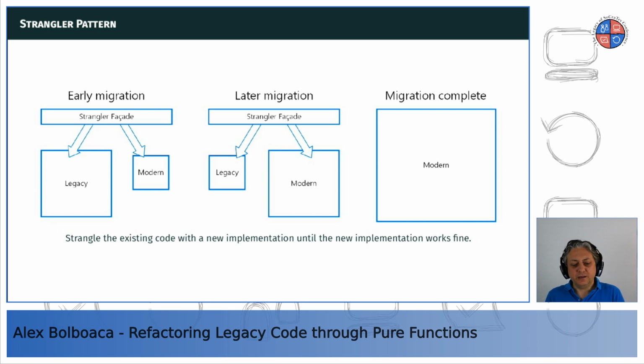A strangler pattern is a way of dealing with legacy code, which is quite effective when you start to replace it and write all the new functionality that you want to add not in the legacy code, not by changing that part of the code that you are afraid to change, but in a separate part of the code that you are perhaps writing with more modern things.